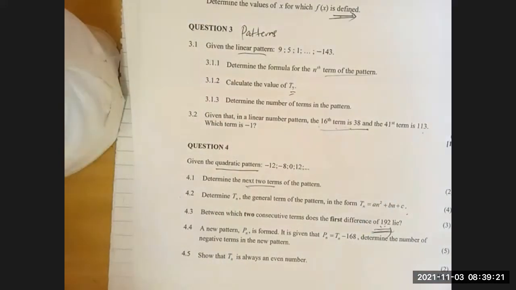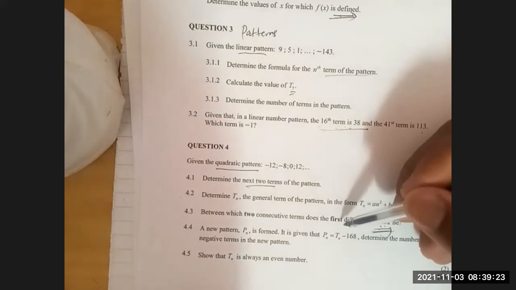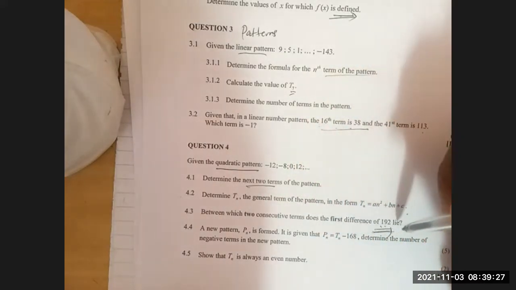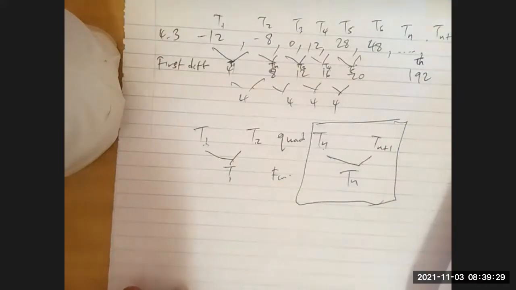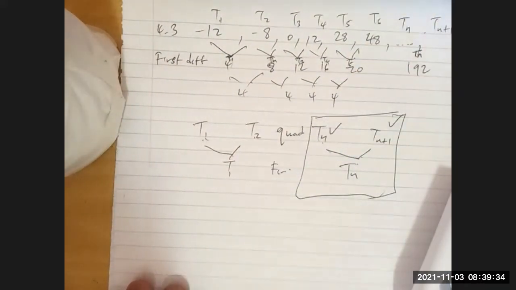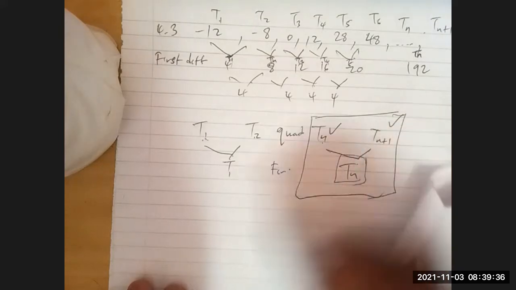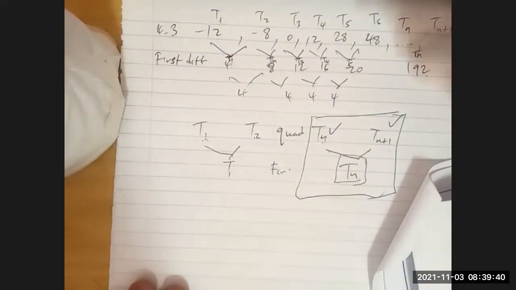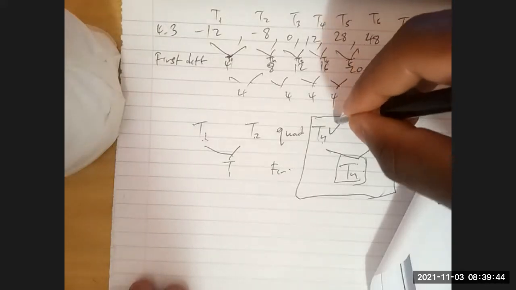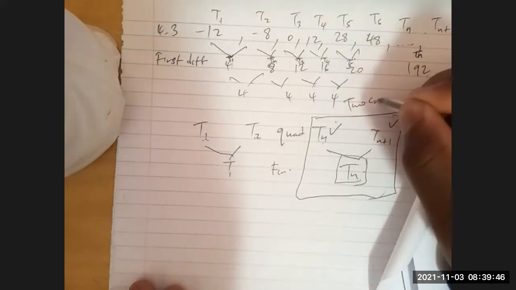Which two consecutive terms does the first difference 192 lie between? So we have to find these two terms. To find the two terms, we simply have to find Tn in the first difference, so that Tn will equate to the first term of the two consecutive terms.